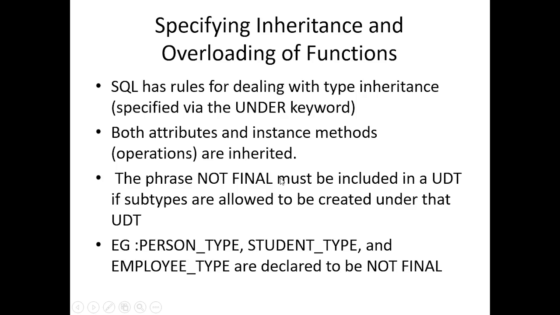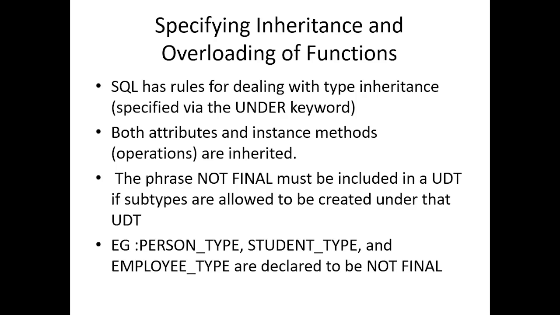Then we'll see specifying inheritance and overloading of functions. In SQL, inheritance can be applied to types or to tables. SQL has rules for dealing with type inheritance. Both attributes and instance methods, that is operations, can be inherited, and we know that they are specified under the keyword under.